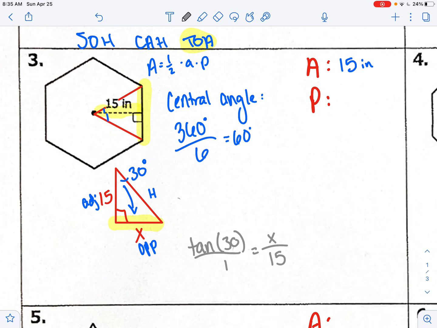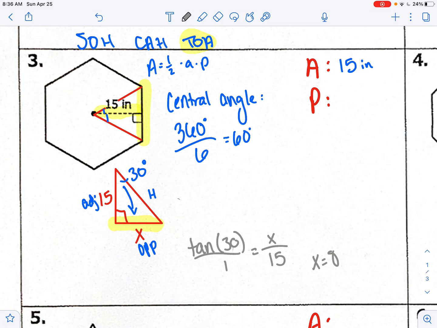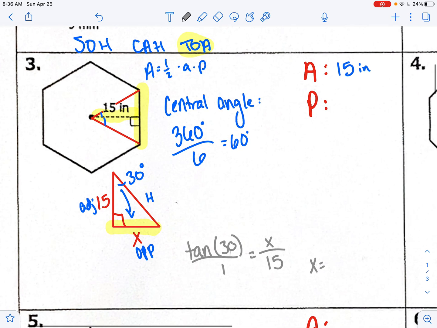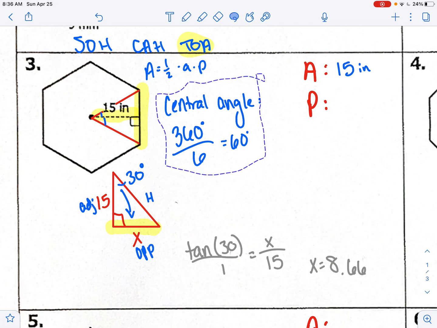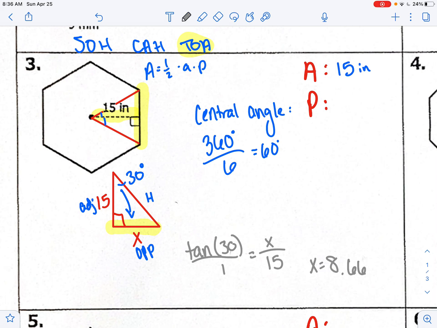And when I cross multiply, 15 times the tangent of 30 is going to equal x, or 1x. So 15 times the tangent of 30 is 8.66. I'm going to move some of this out of the way. 8.66 is my opposite side.